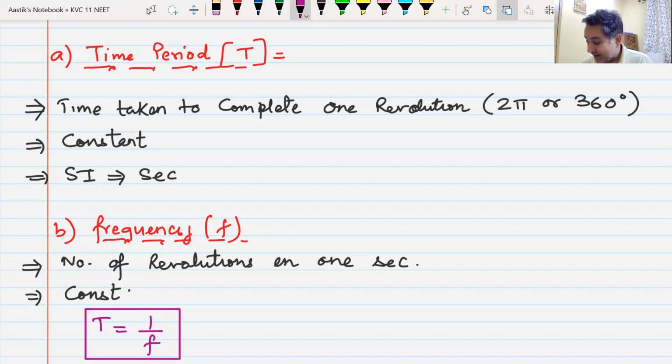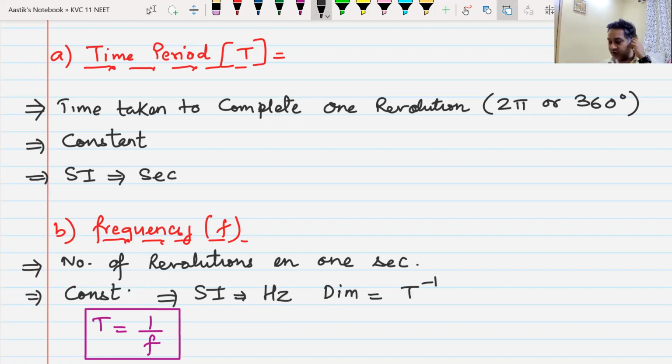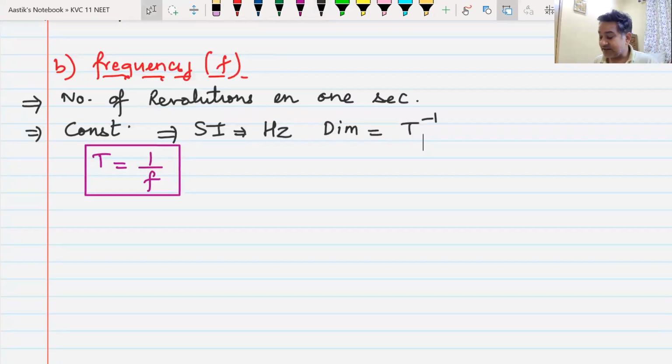Since time period is the inverse of frequency, I can write that the SI unit is hertz and the dimension is T raised to the power of -1. Time period is 1 by F. Do we understand this? Yes or no?